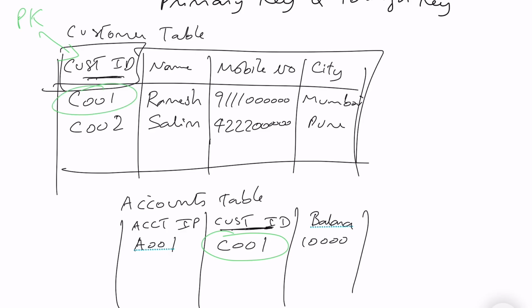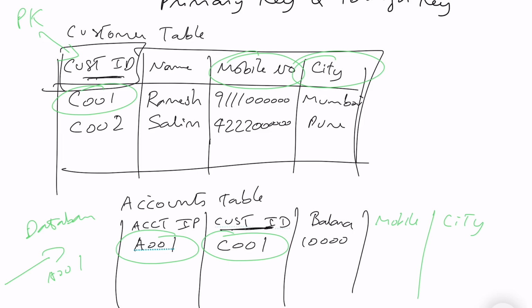That means if I want to query this database using an account number, okay, A001, and if I still want to know the mobile number and the city, I don't need to add the mobile number and city over here.